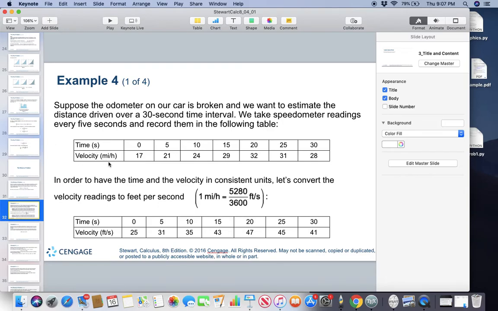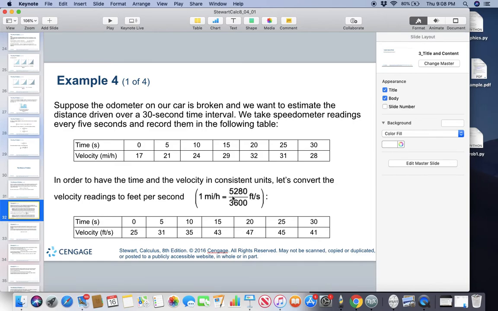Notice velocity is in miles per hour. You want it per second. Okay. It's better to have feet per second. This is standard. Now 1 mile per hour is 5,280 feet per 3,600 seconds.